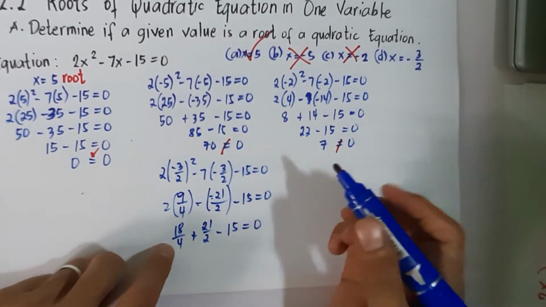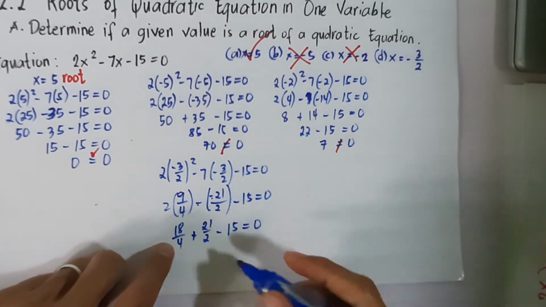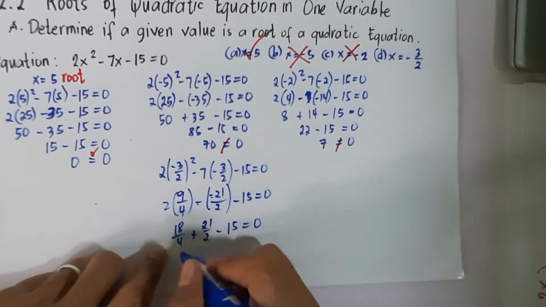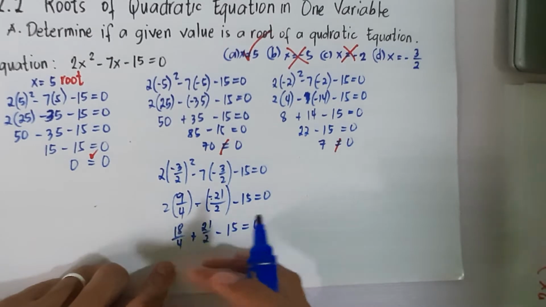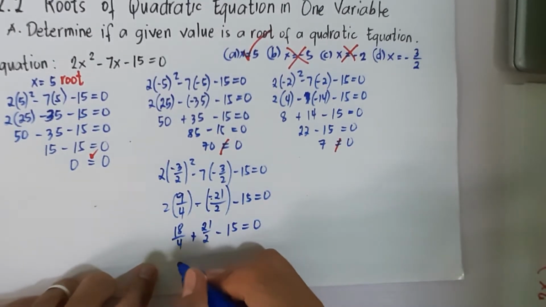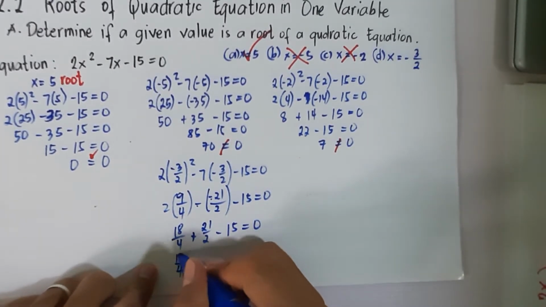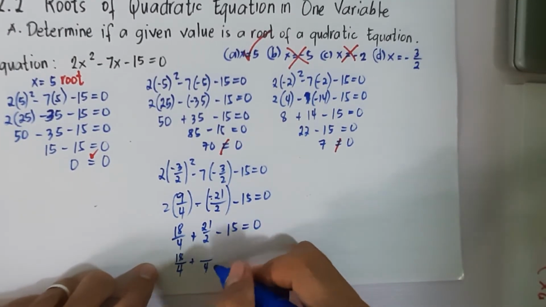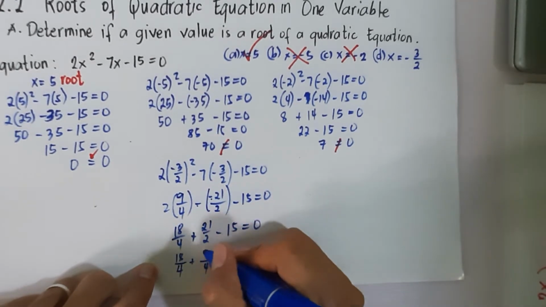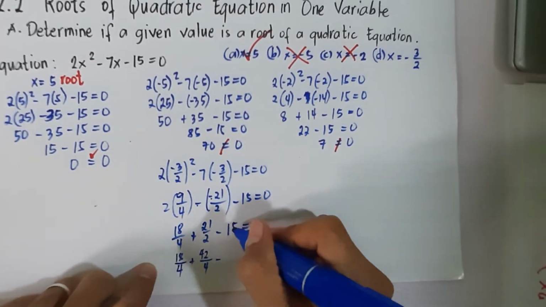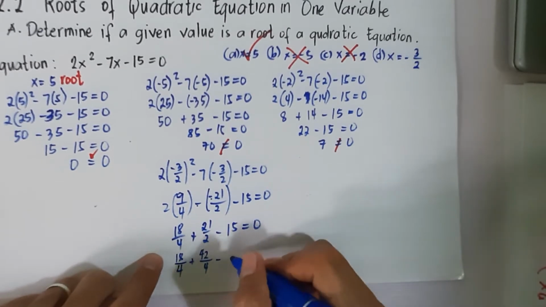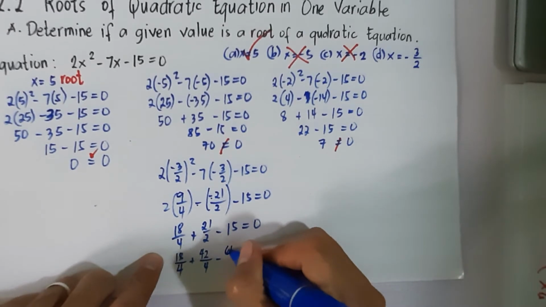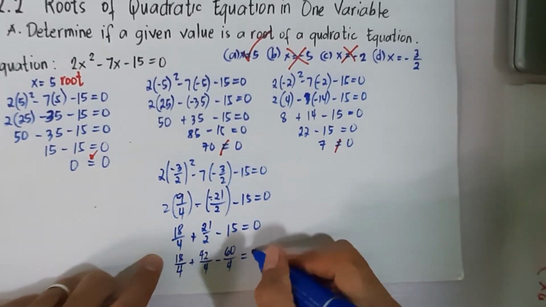18 divided by 4, is that possible? Maybe not. So that's why we have to make these fractions into a common denominator so that we can combine them. I'm going to use 4, so I'll keep the first term as 18 over 4, plus this one. I want to make it 4, so times 2, that's going to be 42 over 4, and 15, how do I make it? 4 times 15 equals 60 over 4 equals 0.